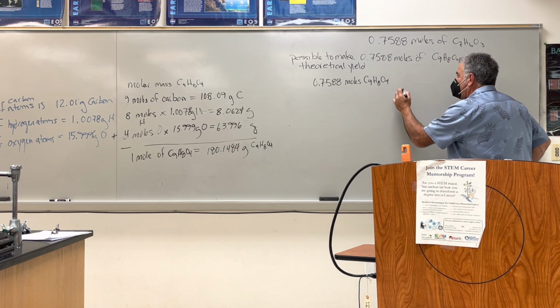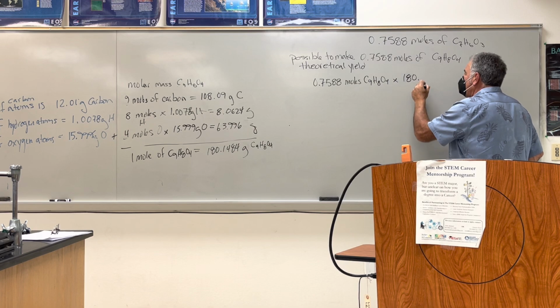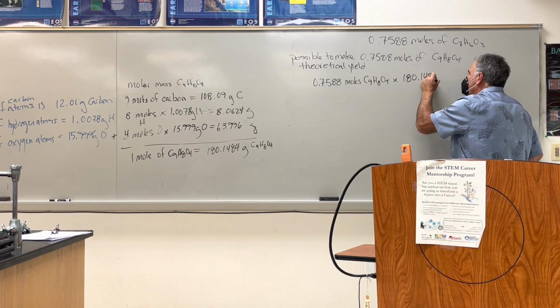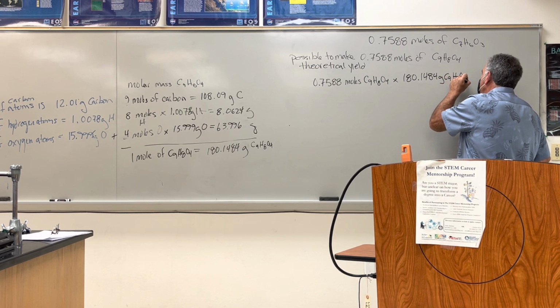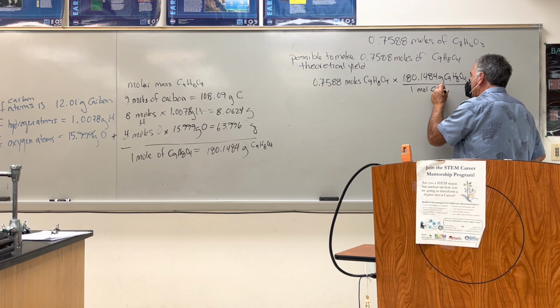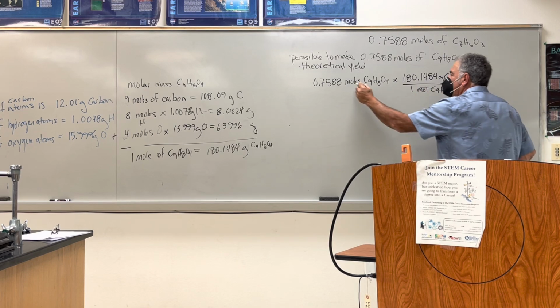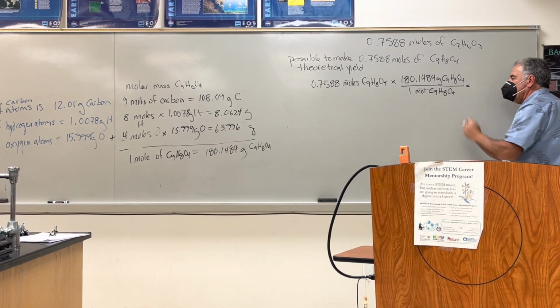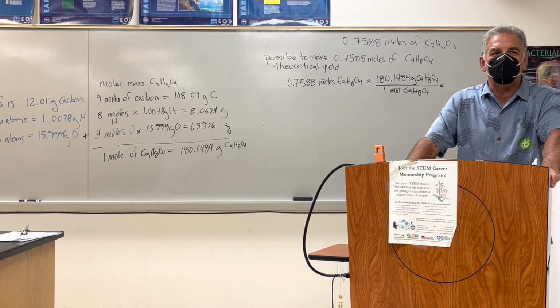We put grams on top: 180 grams C9H8O4. Now moles cancel, and I'm left with a gram amount. Every single one of you should be doing this on your calculator if you can. Slow me down so you can write it all down.